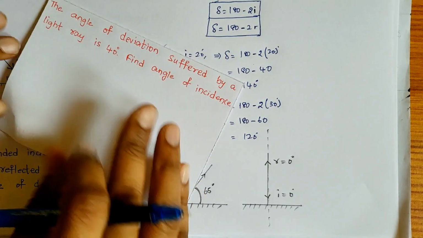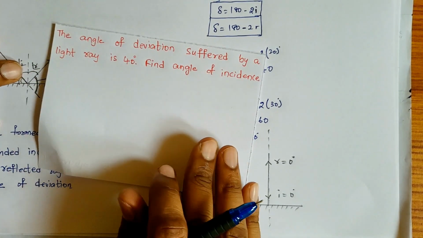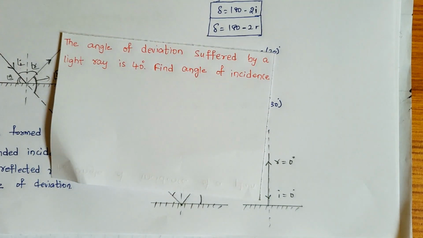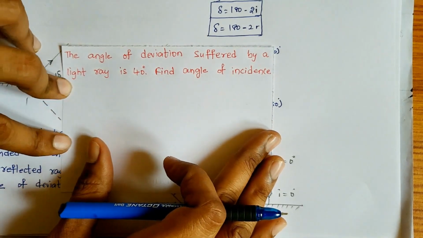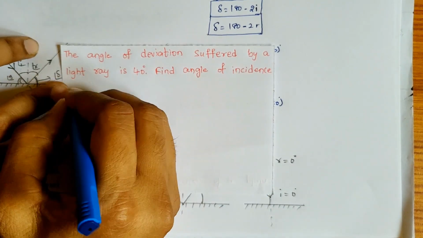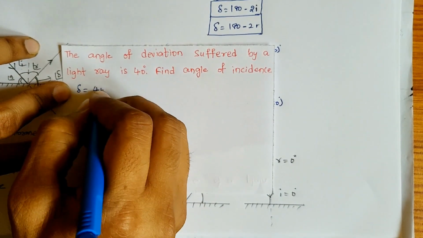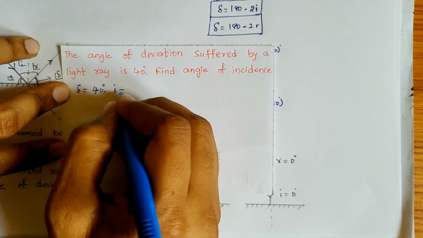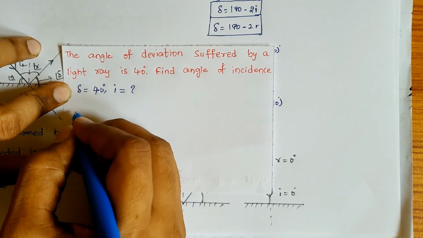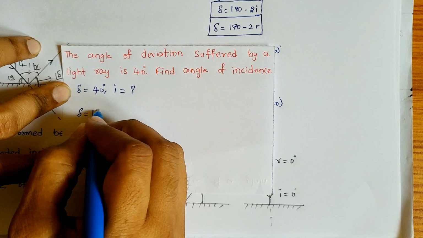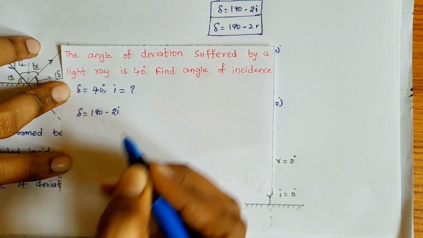Next question. The angle of deviation suffered by a light ray is 40 degrees. Find the angle of incidence. They gave the angle of deviation itself, lambda is equal to 40 degrees, and we have to find the angle of incidence I. The formula is lambda equal to 180 minus 2i.